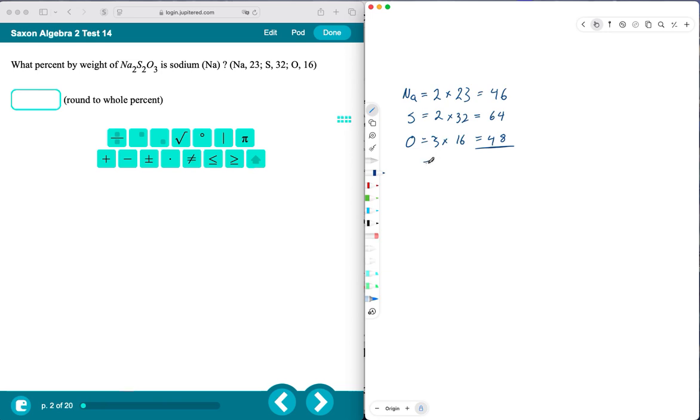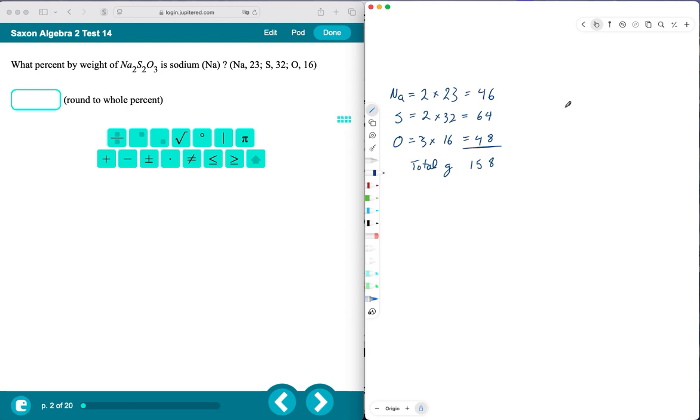The total weight, or grams, is going to be these added together. So this is going to be 10, this is 18, carry 1, that's 11, plus 4 is 15. So 158 grams is the total weight of this, whatever it's making.